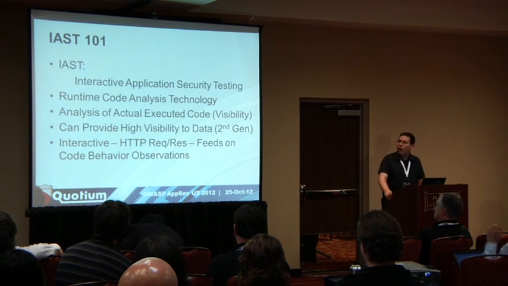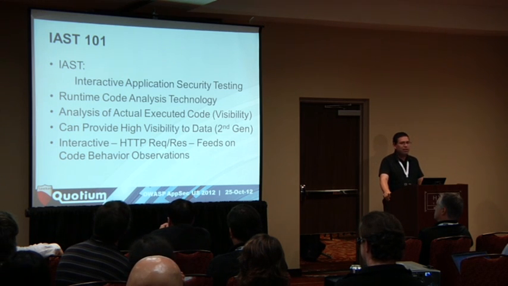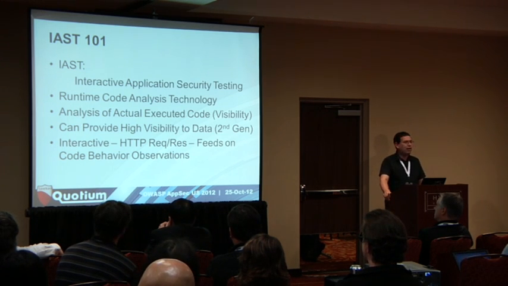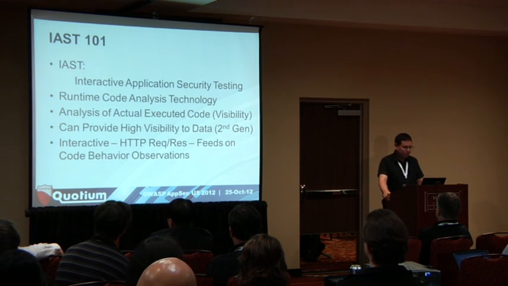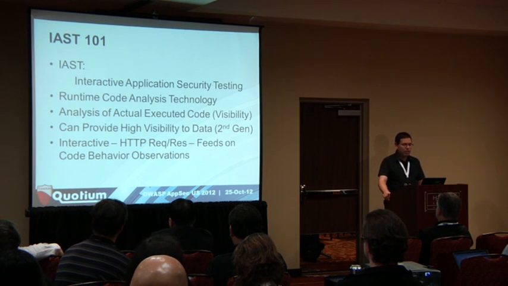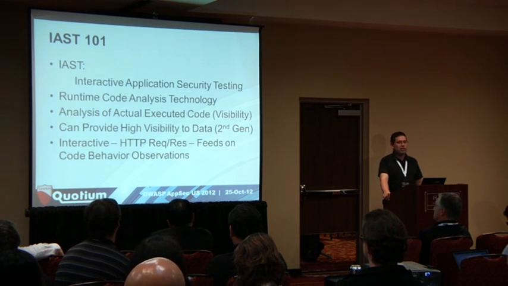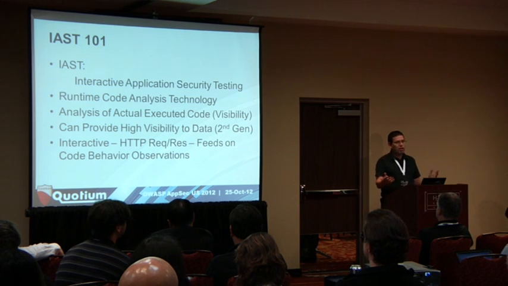So, what is IAST? IAST, Interactive Application Security Testing. It's a term used by Gartner, but we adopted it. Gartner also named DAST and SAST originally. And under that name, we actually mean runtime code analysis technology. If you look at SAST, which is static code analysis technology, SAST looks at the code itself, right?